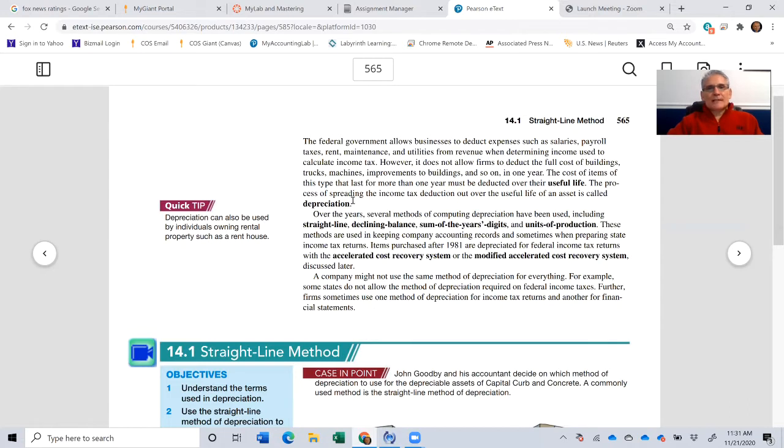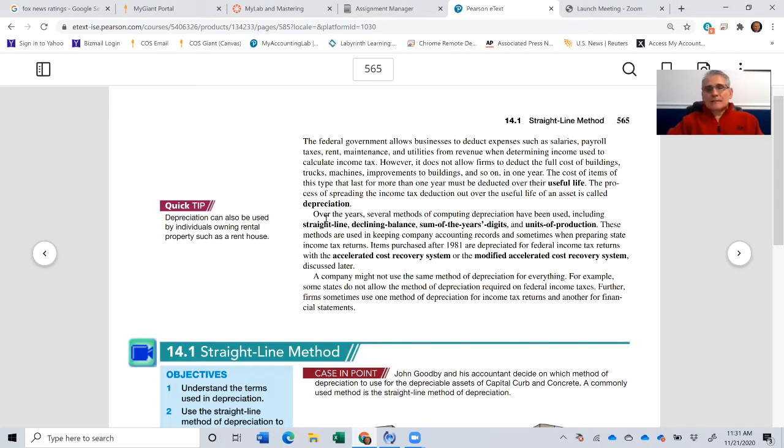This process of writing off or taking the cost and allocating it as an expense is called depreciation. In my accounting classes, I refer to depreciation as the systematic allocation of cost over the useful life of an asset. So we take the original cost of the asset and systematically expense that cost over its useful life.